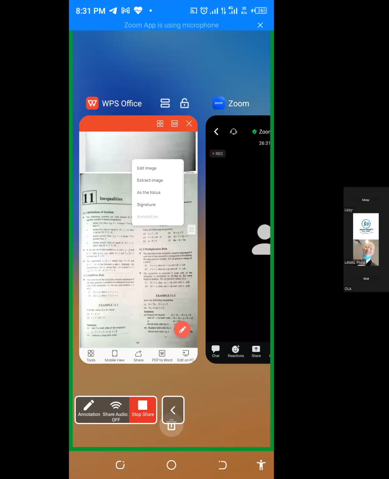These are topics under inequalities, and we discussed some of them. Here you have questions.